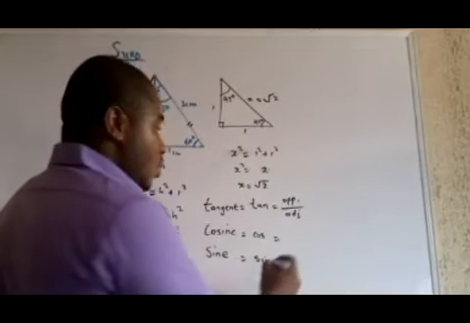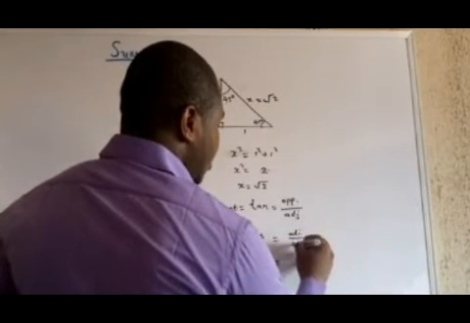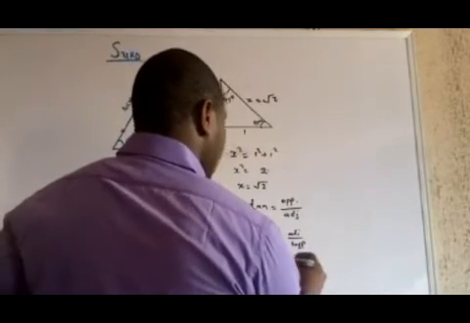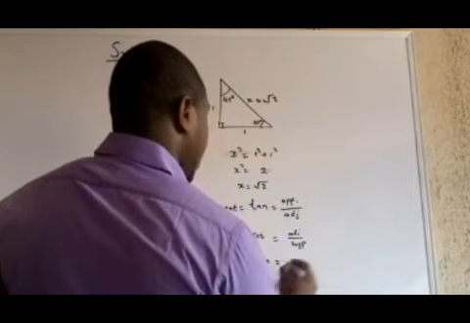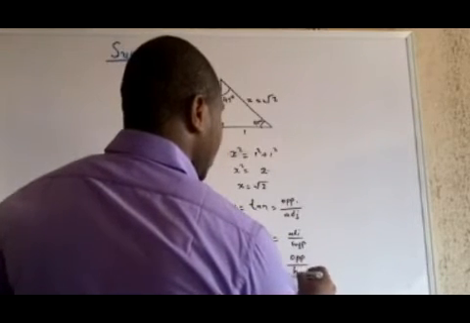For cos, we have adjacent over hypotenuse from trigonometry. Then sine, we have opposite over hypotenuse.